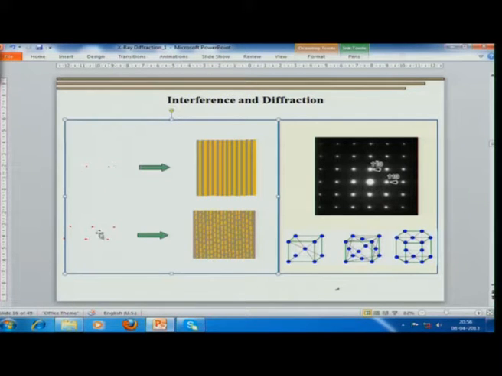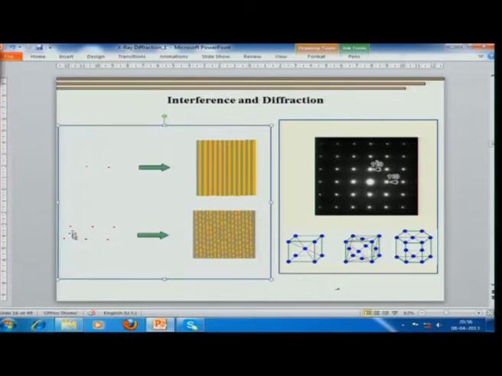However, if we have an array of slits, we get a pattern comprising dark spots, which are shown here in grey, and bright spots, which are shown here in yellow. A similar thing we get when there is an interaction of electrons with matter, and it leads to what is classically known as an electron diffraction pattern, which is quite routinely seen in a transmission electron microscope.